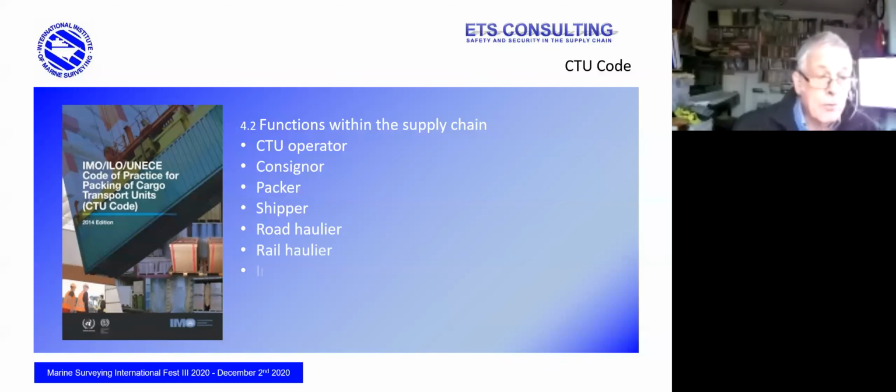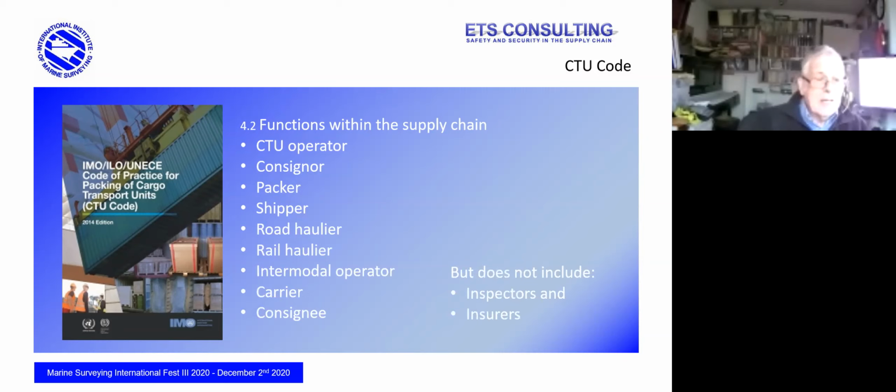And then we go on: road haulier, rail haulier, intermodal operator. That basically means anybody that's moving a CTU from one mode to another. Typically it's a port, but it could be a railhead terminal.